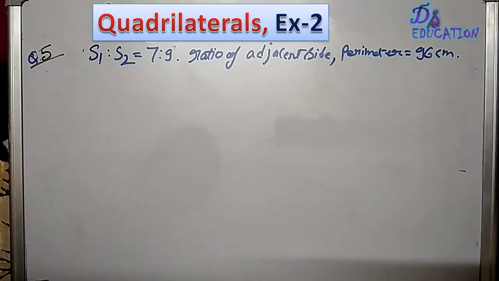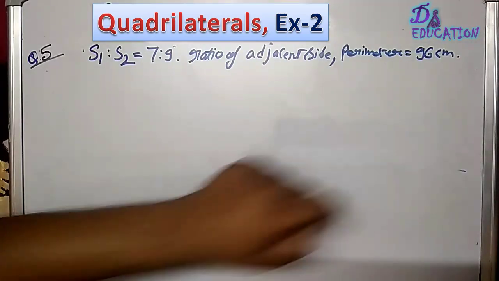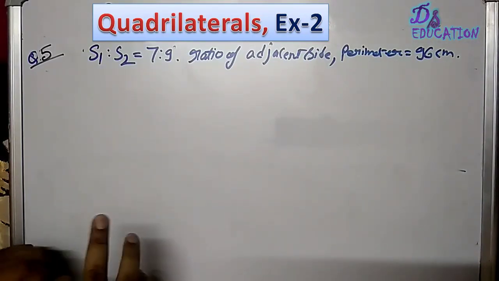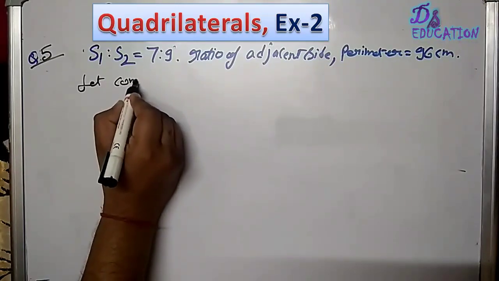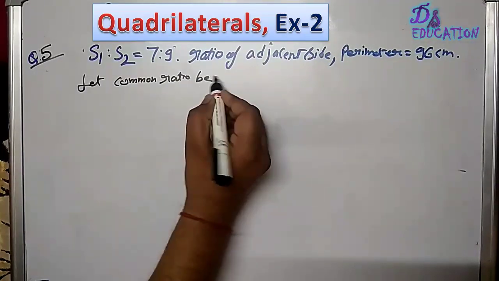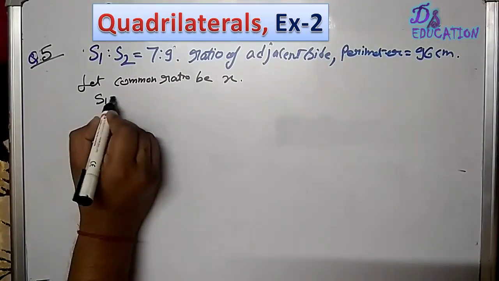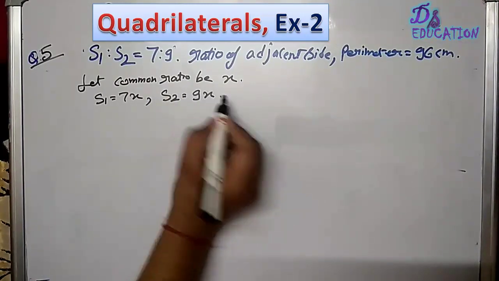Now in this question, I have written the question a little short. Question number 5: the ratio of two sides of a parallelogram, side 1 and side 2, is 7:9, and the perimeter is given as 96 centimeters. So what we will do, let the common ratio be x, so S1 is equal to 7x and S2 is equal to 9x.